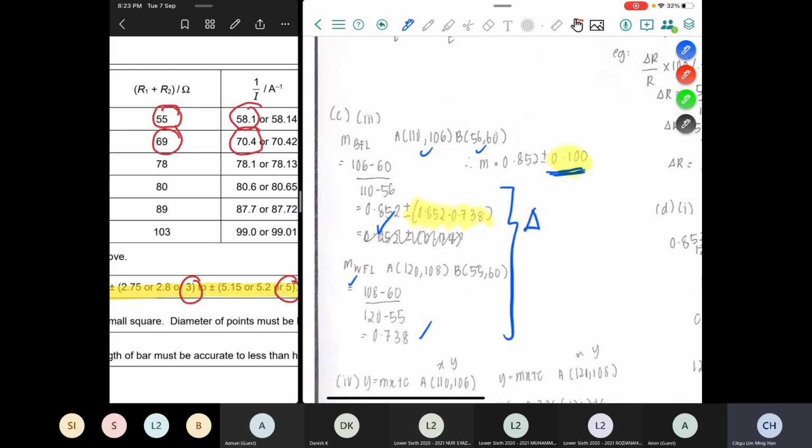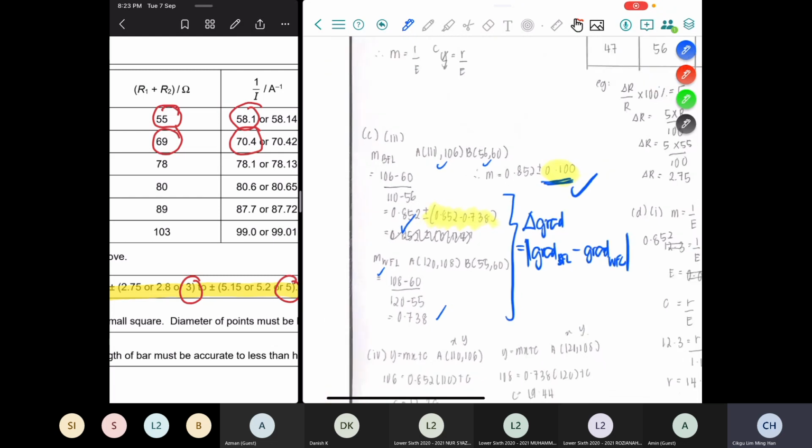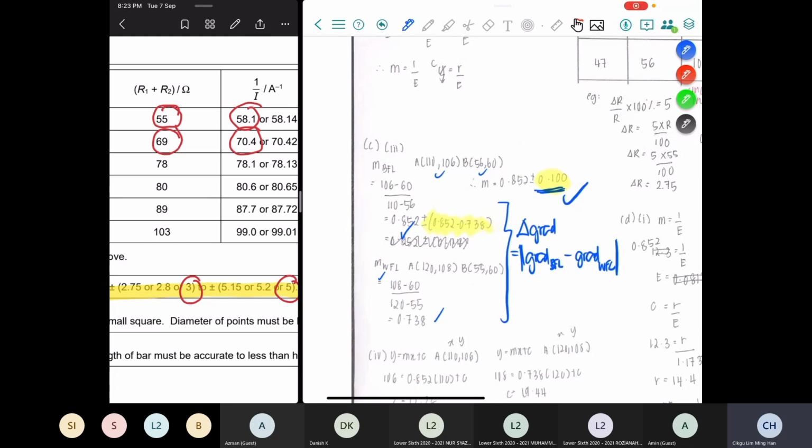You make the uncertainty in gradient equal to the modulus of the gradient of the best fit line minus the gradient of the worst fit line. Modulus, yeah. So you get rid of the minus sign. Okay. Now, let's say your gradient, usually we don't penalize the gradient.